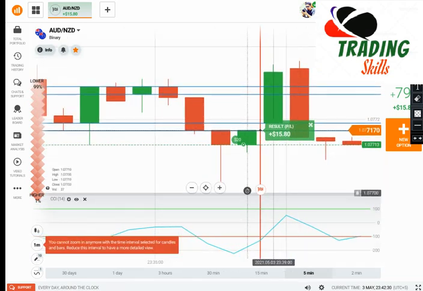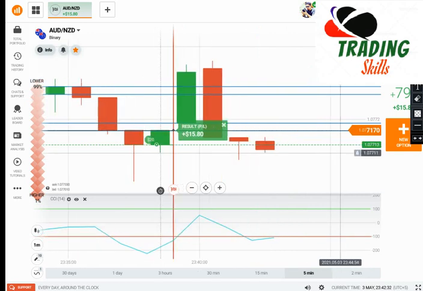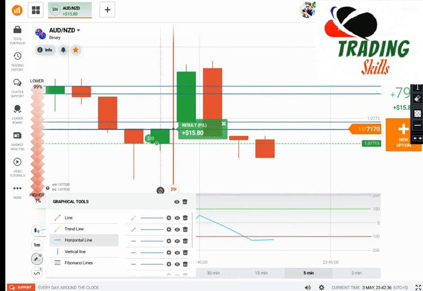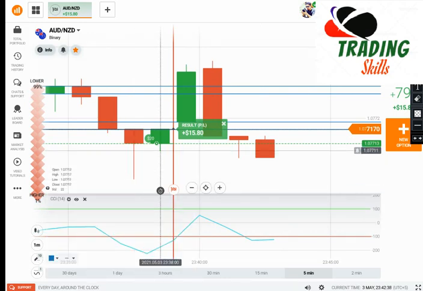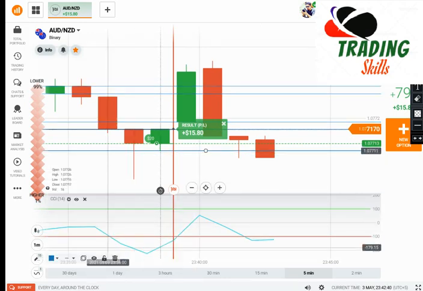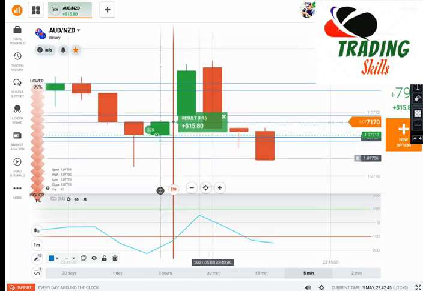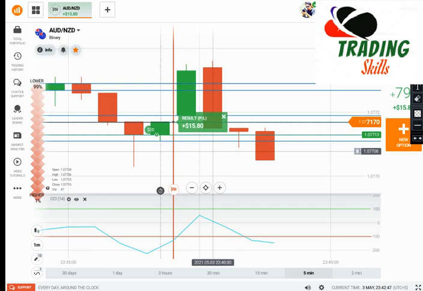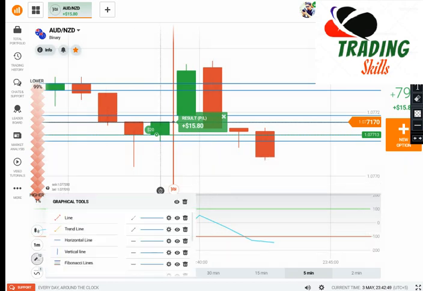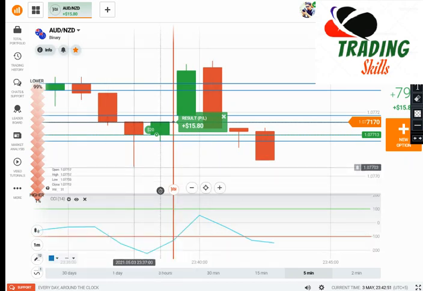If you analyze here, this candle closed exactly. Okay, so where is your next level? You can see from this point to this point, this is your key level, and this is your rejection area.